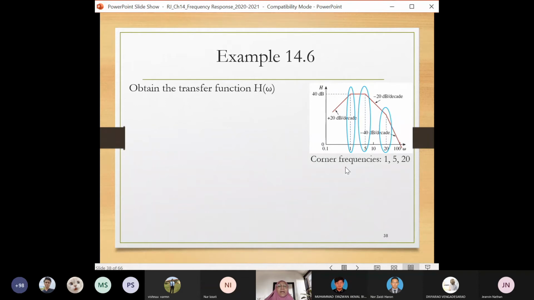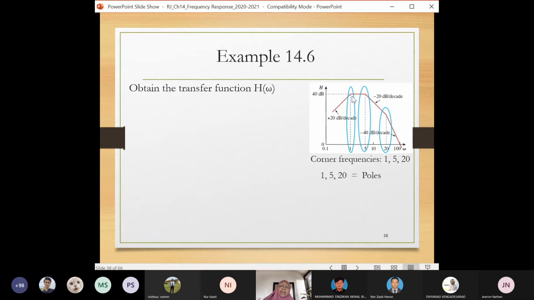So the first step, you identify the corner frequencies, 1, 5, 20, and identify whether they are poles or zeros. If you see logically, at this point it changes from rising to flat, so it must be negative.